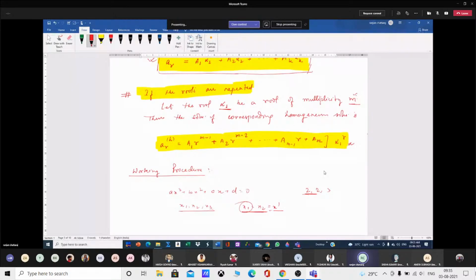Suppose it is 3, so 3 repeats 2 times. So alpha 1 is 3 and m is 2. Let alpha 1 be the root of multiplicity m. Multiplicity m means alpha 1 occurs m times. 3 is the root which occurs 2 times. So m is 2 and alpha 1 is 3.